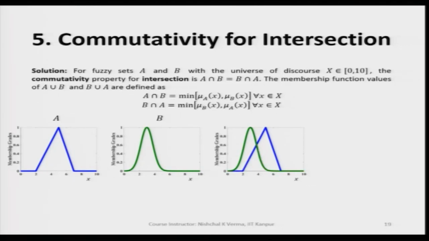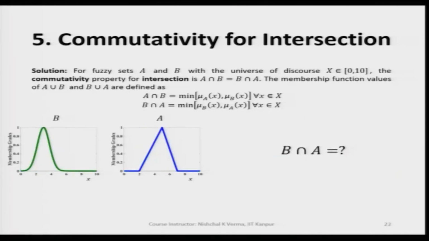You see here that we have this as B fuzzy set, this as A fuzzy set, and when we take the min of the respective membership values for corresponding generic variable values, we get the portion which is represented by a red color plot. So, this is what we are going to get as A intersection B.